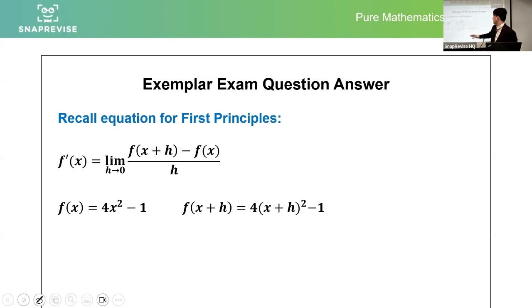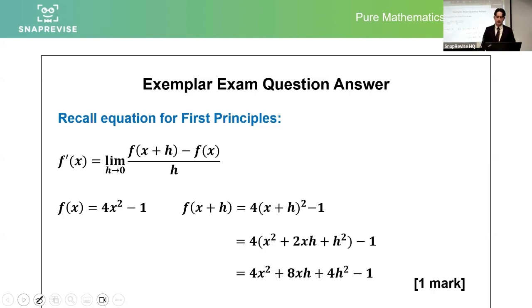It might help if we first manipulate the f of x plus h. We double bracket expand it, times it by 4, minus 1, and then tidy it up. There we go, tidying that up. You might be ahead of me already, but very well done.